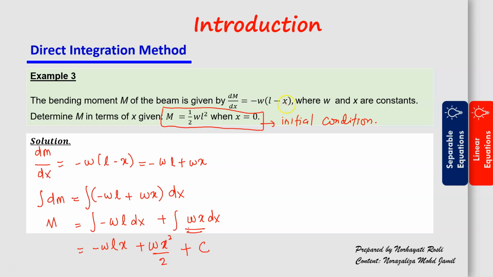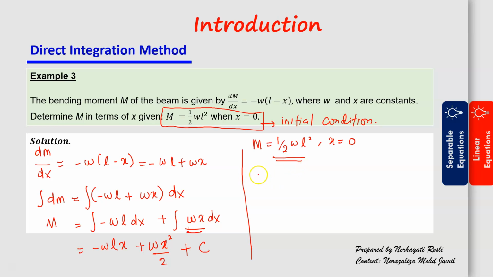So now we have this one as our general solution. But we have the initial condition given in the problem that M will be equal to 1 over 2 WL squared when x equal to 0. So when you substitute x equal to 0 in this equation, M you will also substitute with this term.